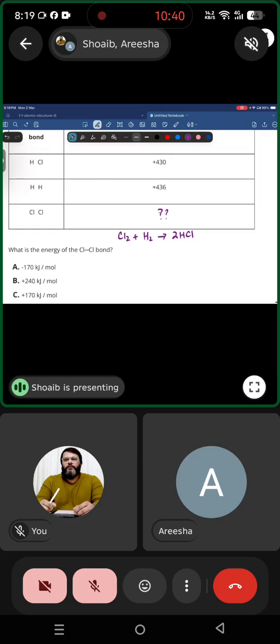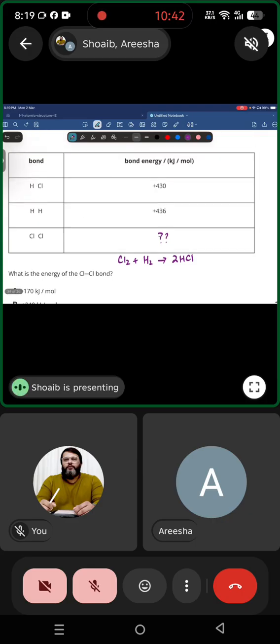So now for the bond making and the bond breaking, chlorine is unknown, so this bond breaking value is unknown here. The second one is hydrogen, so this one is a bond breaking of 1 mole of hydrogen. Then you have 2 moles of hydrogen chloride here, which is bond making.